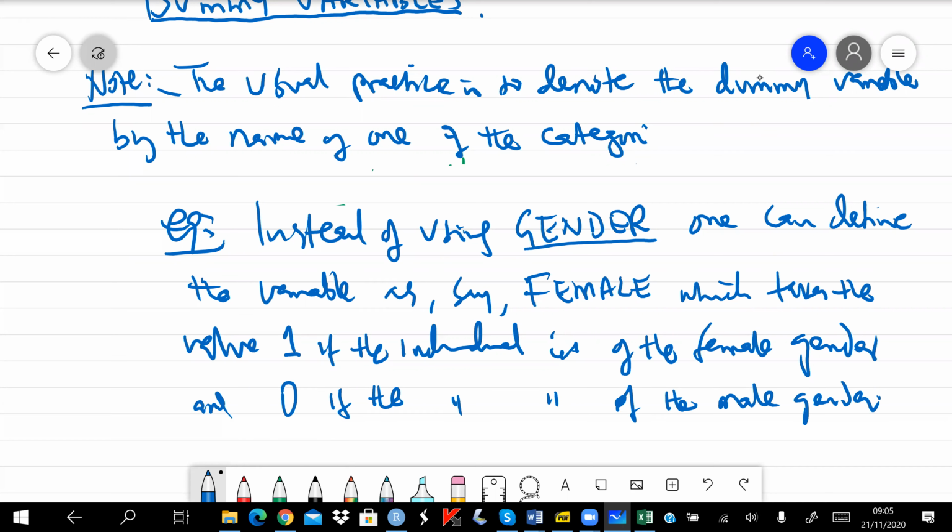So it takes the binary values 0 or 1. If the person being interviewed is female, you write 1. If it's a male person, you write 0, and so on and so forth.